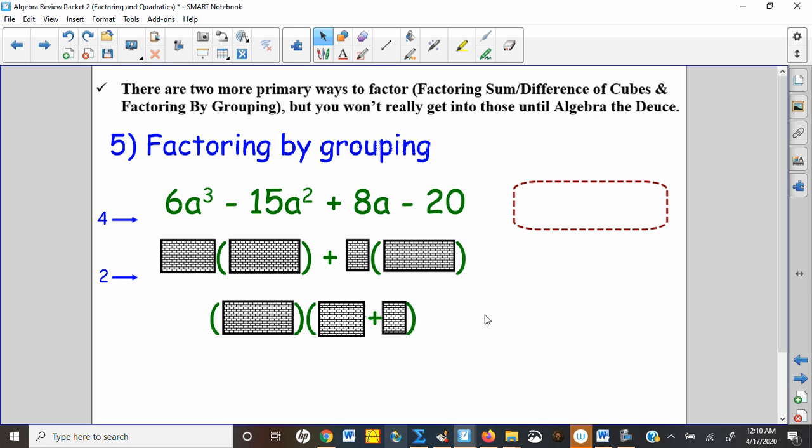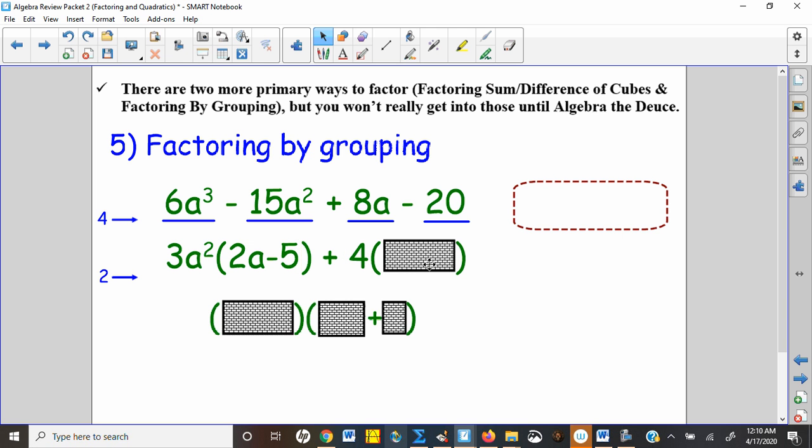Same thing with grouping. We don't see anything in common with all of these pieces here, okay? But if I take those four terms and find those common factors, which in this case is 3a squared for the first two, 4 for the second two. This is the exact same one we did earlier. Look at that.